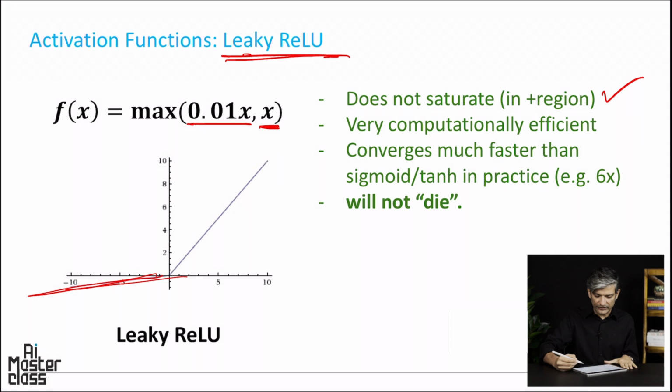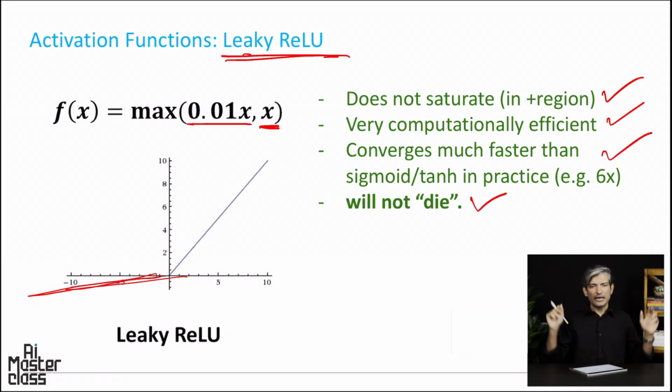Well, it does not saturate, it's computationally very efficient, and it converges much faster than sigmoid and tanh in practice, again 6x, and it will not die, meaning it doesn't completely die, right? The gradients might still become very small, but it doesn't die, and this is actually a big achievement especially for training difficult-to-train models such as GANs. And this was published by Maas et al. in 2013.